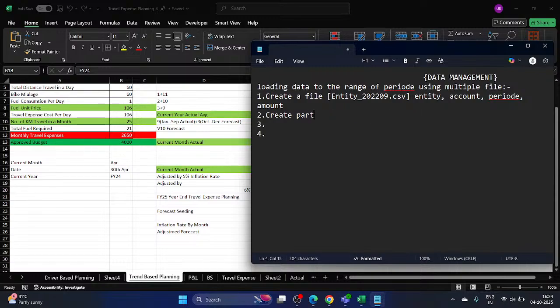We will delete this so that we can get the figure here.